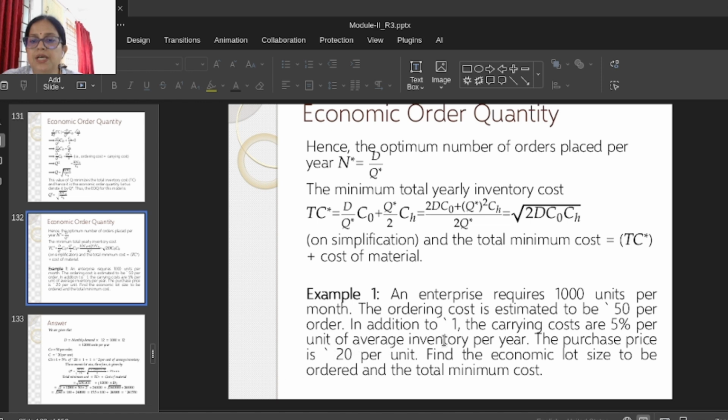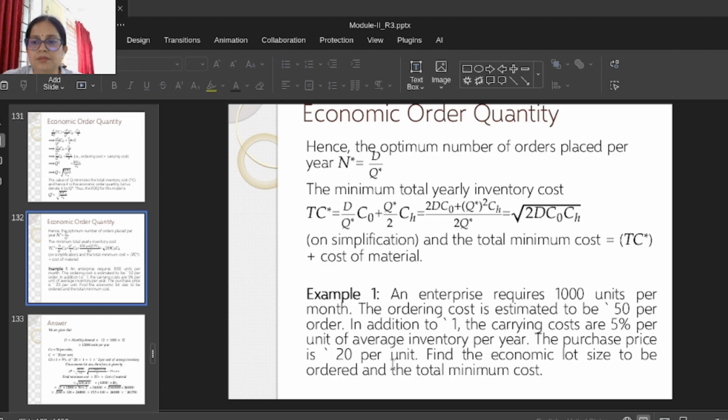5% per unit of the average inventory per year. The purchase price is 20 per unit. Carrying cost is always calculated on purchase cost basis.